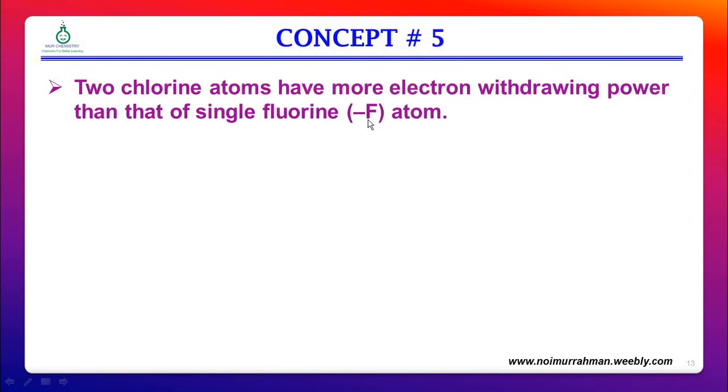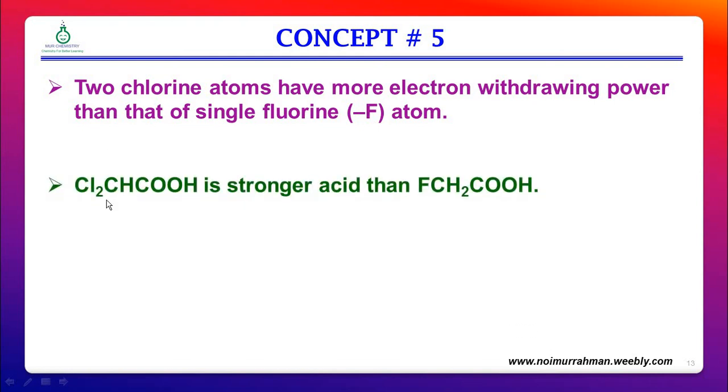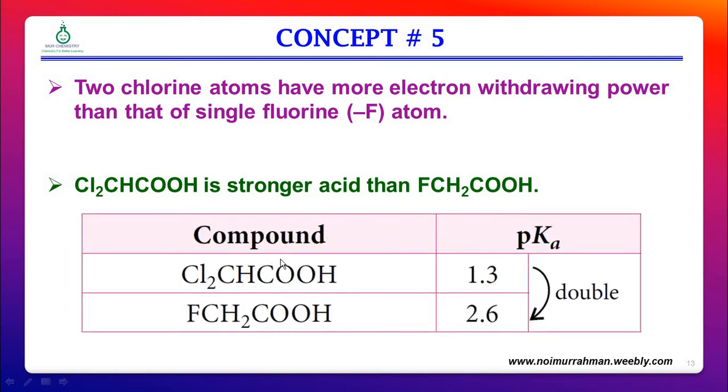Two chlorine atoms have more electron withdrawing power than that of a single fluorine atom. It has been observed that dichloroacetic acid is a stronger acid than monofluoroacetic acid. If we compare the electronegativity of dichloroacetic acid and fluoroacetic acid, as a combined effect, two chlorine atoms will have more electron withdrawing power.